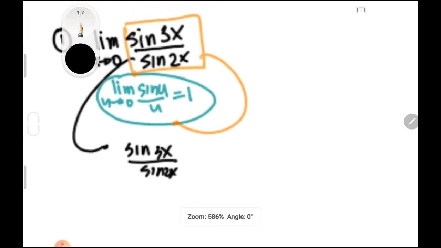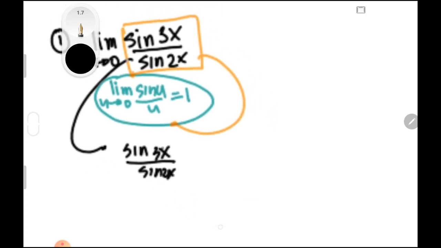So therefore, we will manipulate this equation. Take note that we should have a value with this, okay?